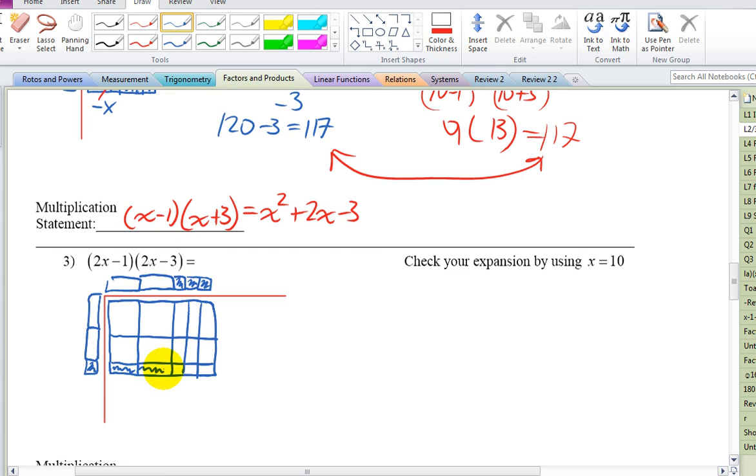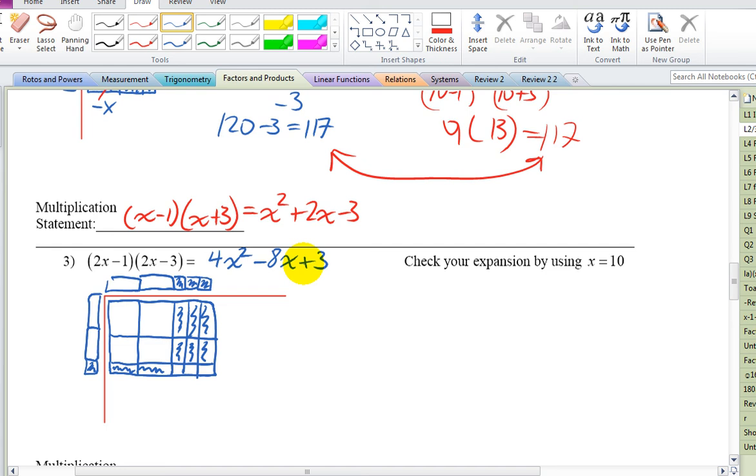This should be shaded. This one should be shaded. These ones should be shaded. But what about my 1 tiles? Absolutely not, because this would be negative times negative. So my final answer would be 4x squared minus 8x plus 3.